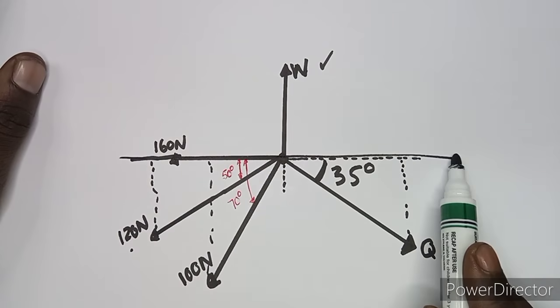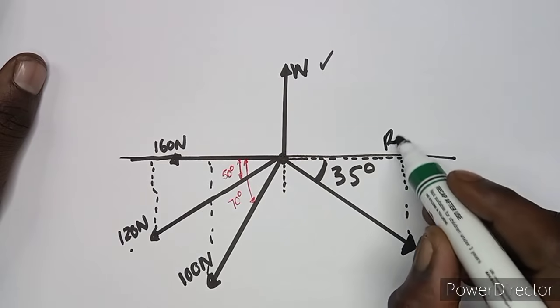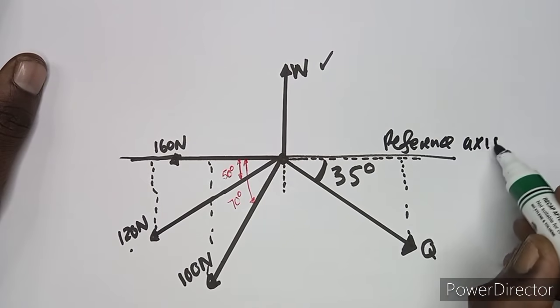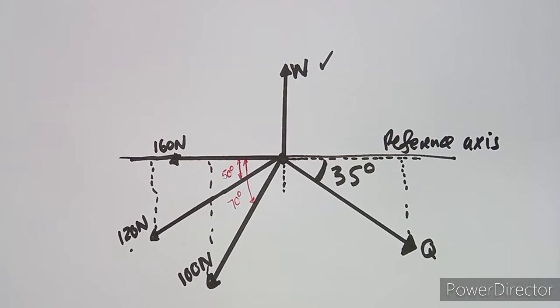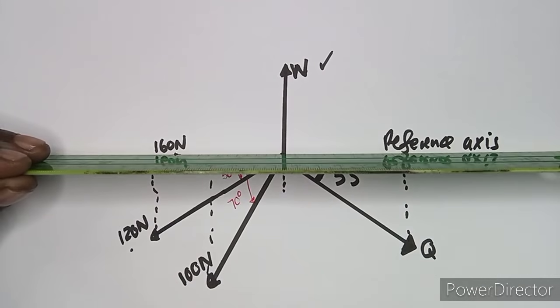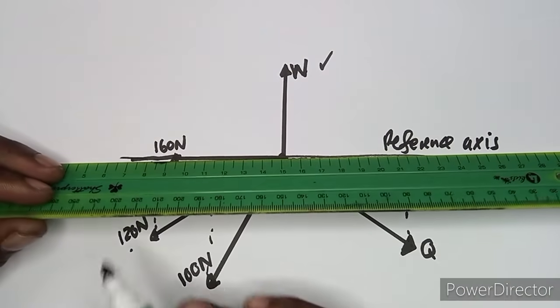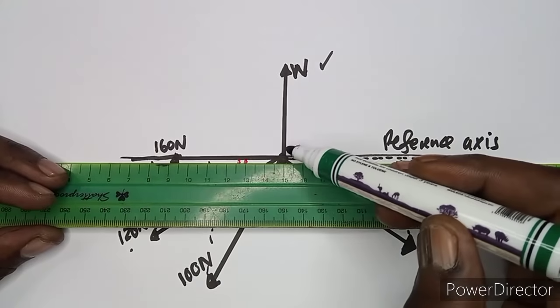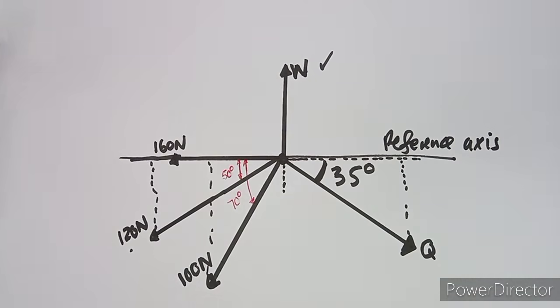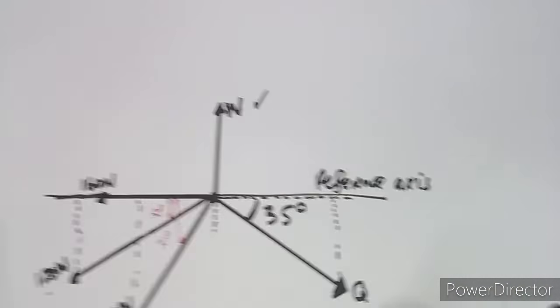This is your reference axis. Okay, so this is your reference axis. So these ones which are below this reference axis, they are negative in terms of being vertical, and this one is positive in terms of being vertical. So those are the ones that you are referring to as upward or downward forces.